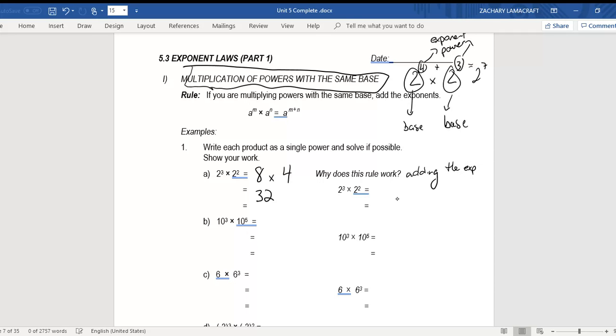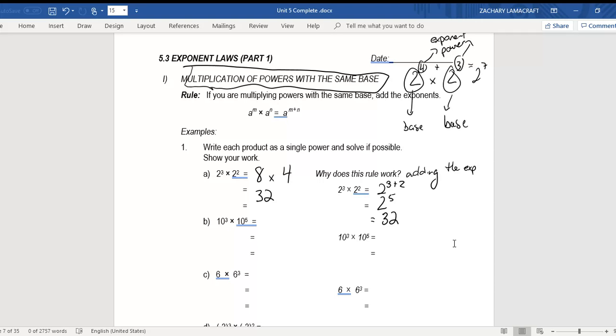So 2 to the power of 3 times 2 to the power of 2 would just look like 2 to the power of 3 plus 2, which would be 2 to the power of 5. And if you did that on your calculator, you would get 32 as well.